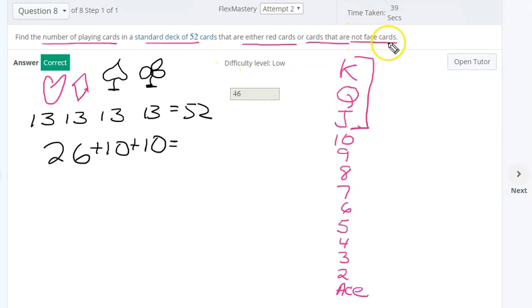Now, that are not face cards, we're going to eliminate from the black the 3 face cards that are black that are spades, the 3 face cards that are black that are clubs. So that would leave us in these areas of 10 and 10. So when we added this up, this adds up to 46. And this person had it correct.